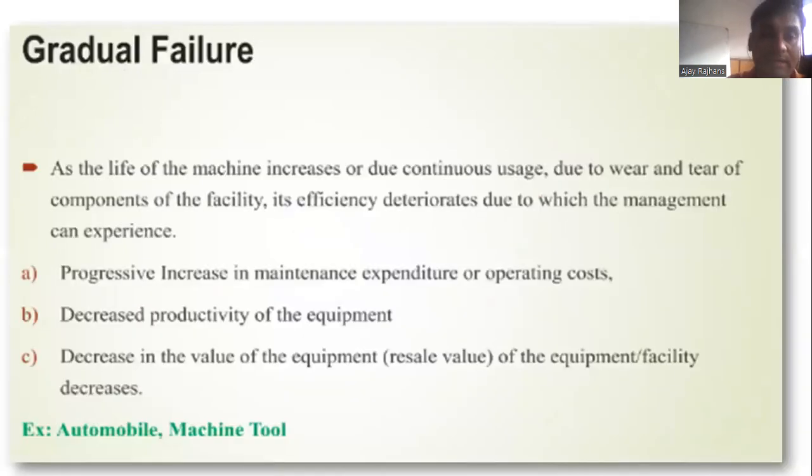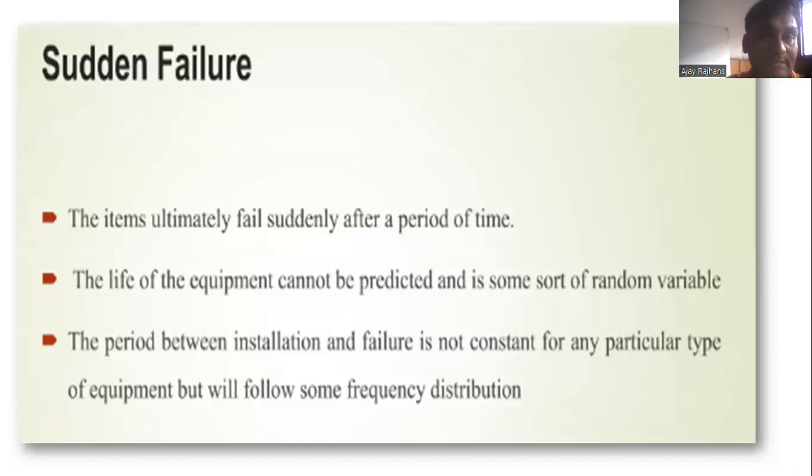Gradual failure has a progressive increase in maintenance expenditure or operating cost, decreased productivity of the equipment, and a decrease in the value of the equipment, that is, the resale value of the equipment facility also decreases. For example, automobiles and machine tools show gradual failure. Which kinds of items show sudden failure?